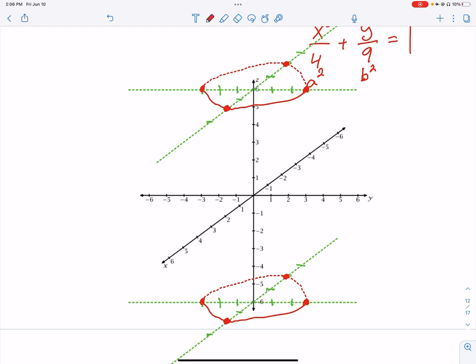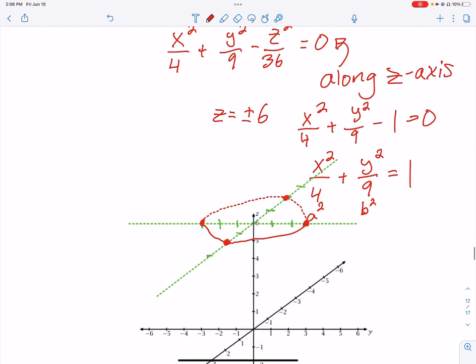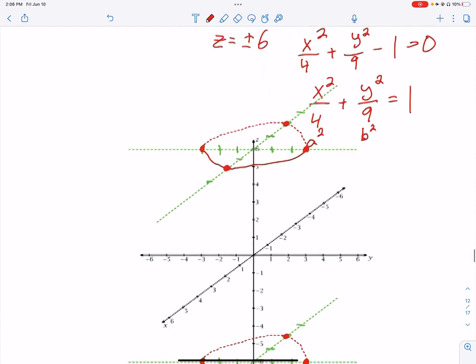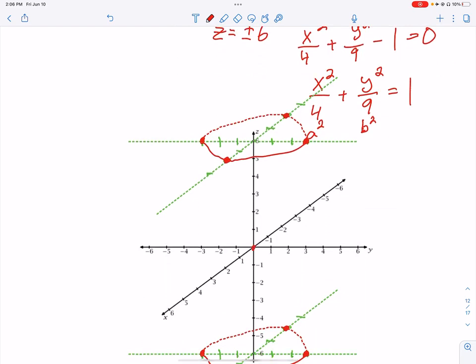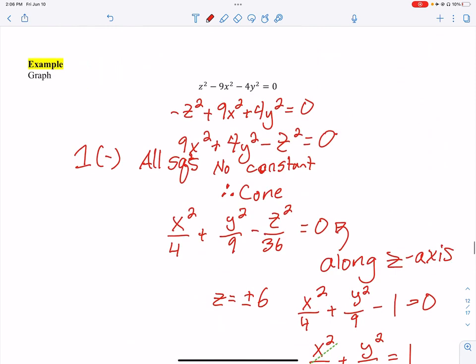If I think about what is happening at the origin, I would actually get 0, 0, 0, which is a solution to my equation right here. x being 0, y being 0, z being 0 would solve it.